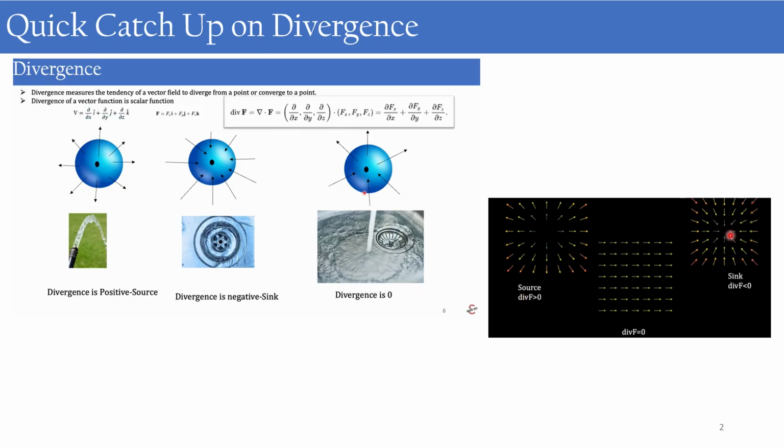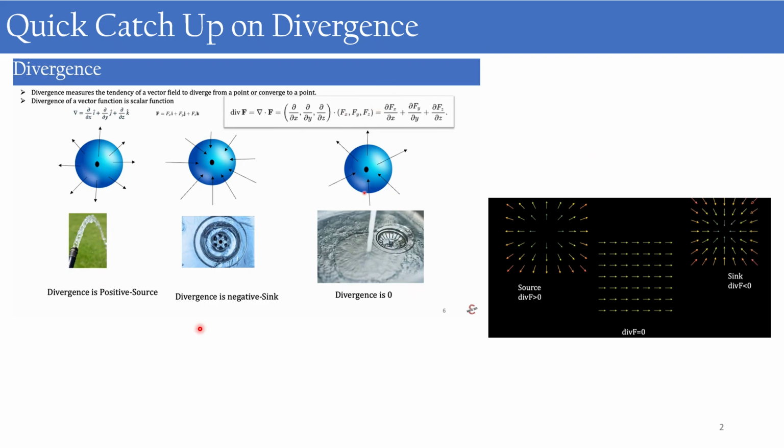If we have a sink, all the fields come towards the point, and the divergence of that field is less than 0. And if we have fields where everything coming towards this point goes away from that point, the divergence of the field at this point is 0.